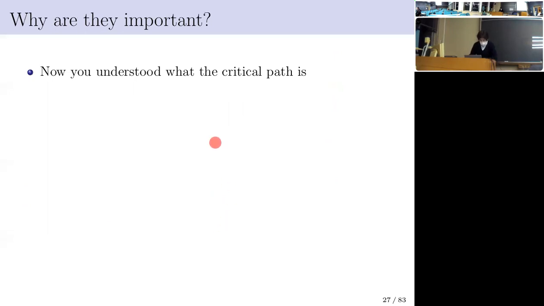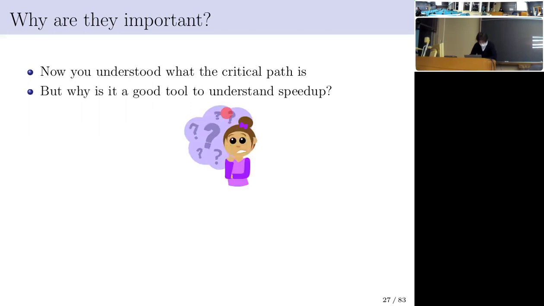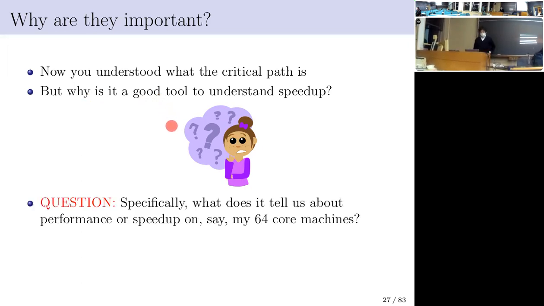So why are they important? Now you understand what the critical path is. The next important question is why it is a good metric to understand the speedup. Here's a very elegant answer to this question. I'm just rephrasing the question.